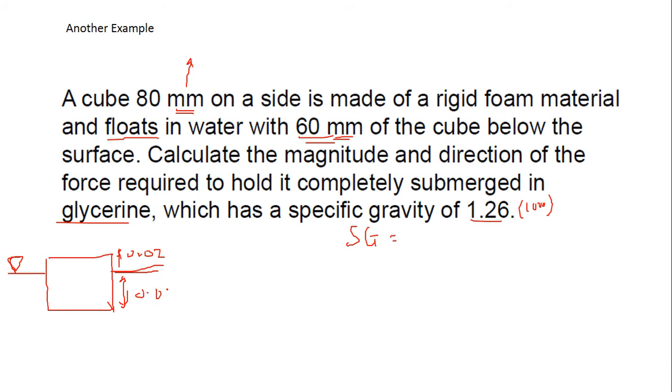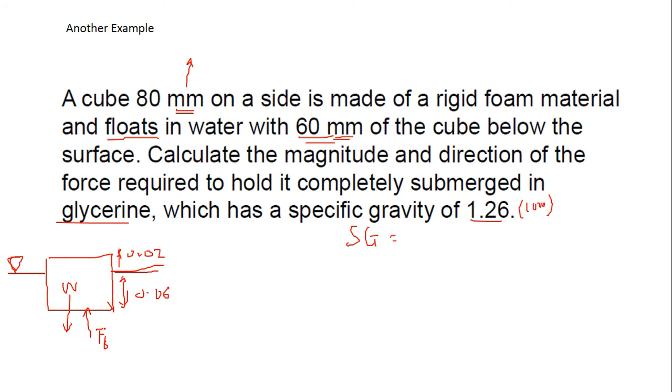Okay, good. So FBD ni W ke bawah macam mana? Your free body diagram, your W goes upward or downward? Downward. Okay, your weight downward. And your FB upward kan?